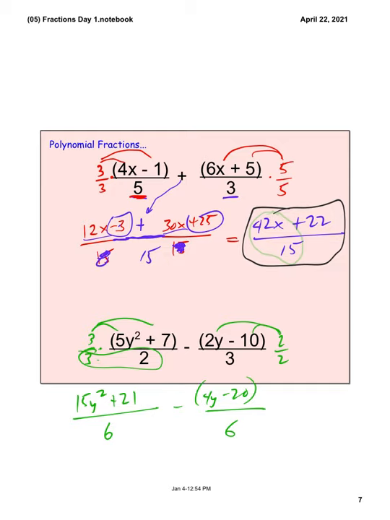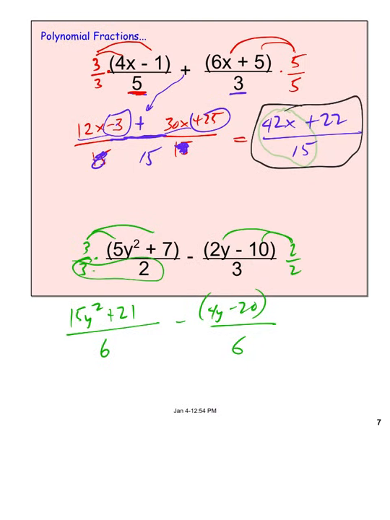Now again, we got to mess with the minus here. So what we're going to do with that, and I'll change colors here, is we're going to have the 15y squared. Sorry, I should probably put parentheses around both those just to remind you of that. 15y squared plus 21, and then again minus a 4y and minus a negative 20.